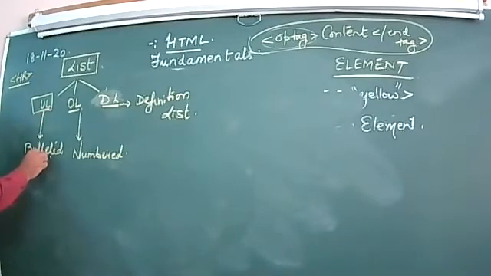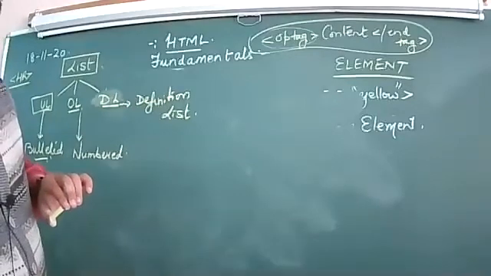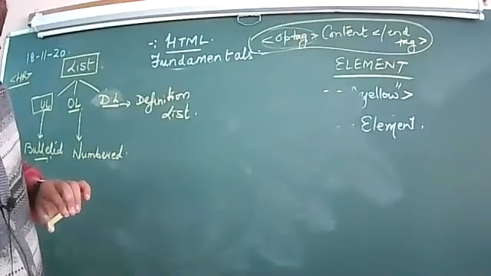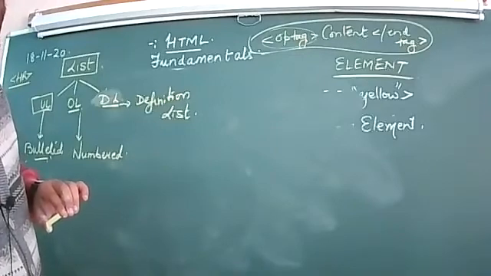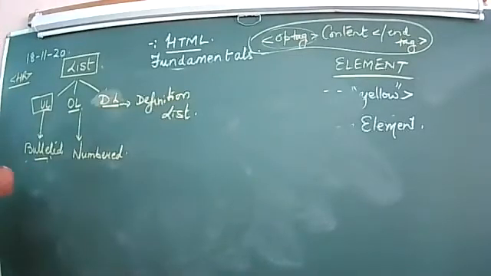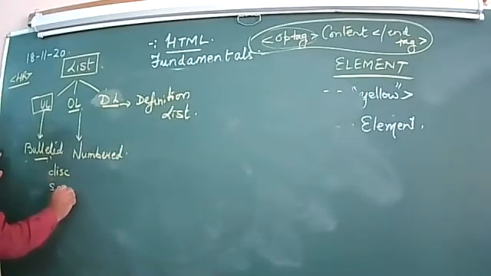Unordered list, I told you, is known as bulleted list. So that means the items are displayed in the form of bullets, right? The three bullets that are used are disc, square, and circle.